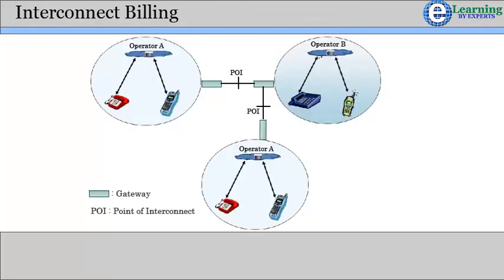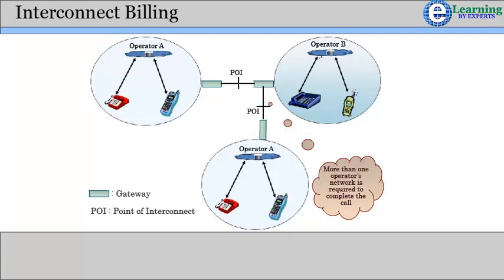Interconnect billing comes into the picture when more than one operator's network is required to complete the call. Examples of interconnect call are: call made from landline or mobile of operator A to landline or mobile of operator B. Call made from landline or mobile of operator A to landline or mobile of operator A, but to complete the call, the network of operator B was used.